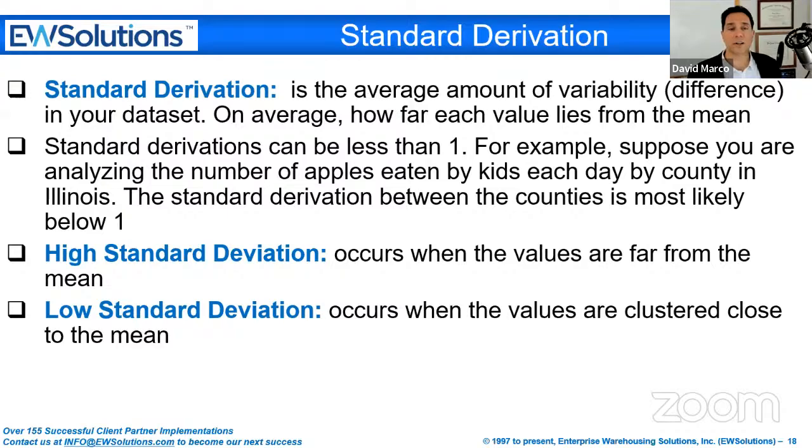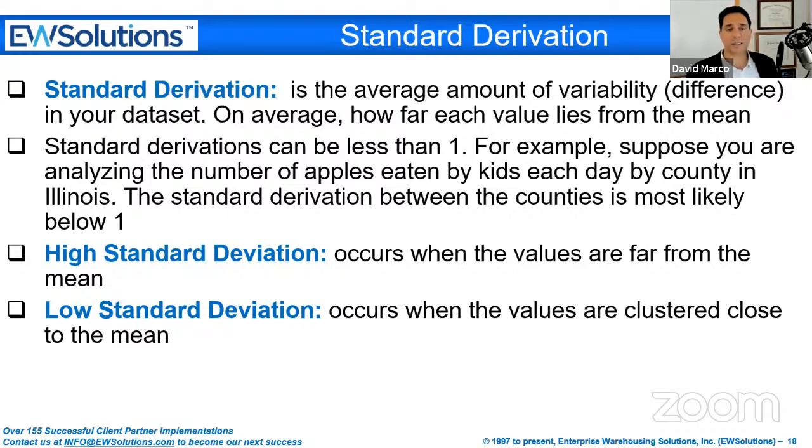High standard deviation, when you hear this term, is when whatever these values are are far from one another. So maybe the number of apples eaten each day by a kid in Chicago, kid being defined as somebody between the ages of A and B, 5 and 8. Maybe in Chicago, the amount of apples being eaten is 2.2 per day.